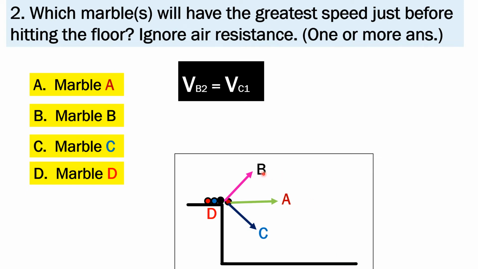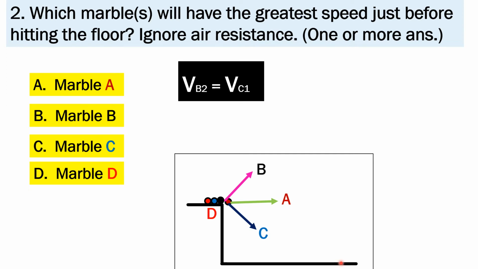Since exactly what is happening to marble C at the start will also be the case for marble B. It's just that if they are released at the same time, marble C will reach the floor much earlier than marble B. But upon reaching the floor, these two marbles will have the same amount of velocity.